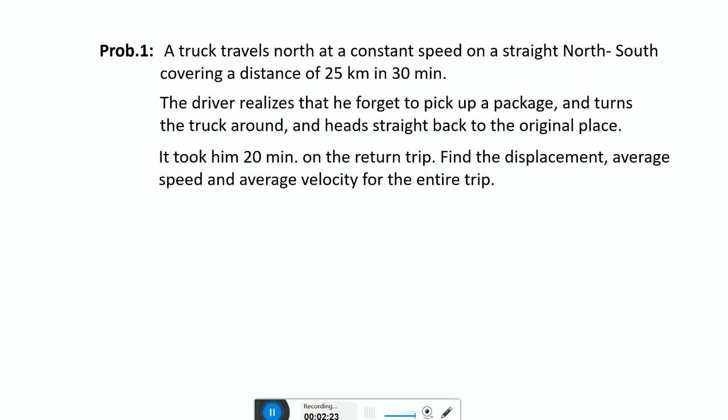Entire trip means truck starts from north to south and south to north. So it completes one trip.